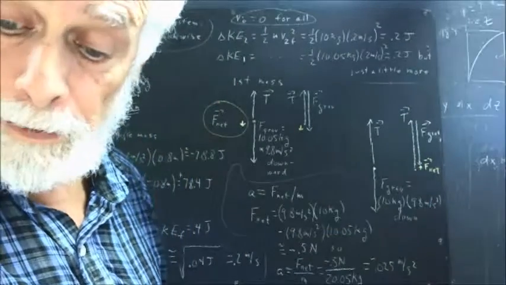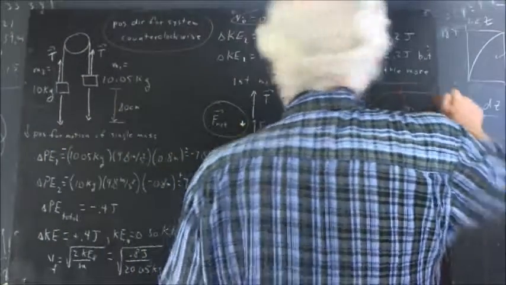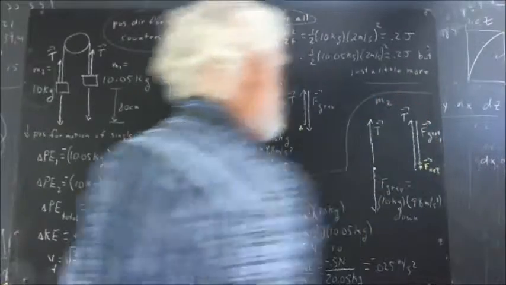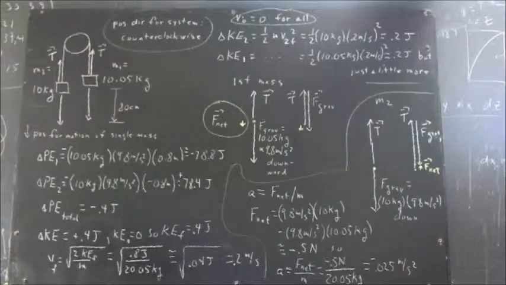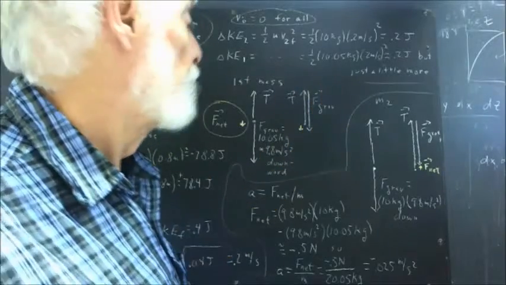For the other mass, it's a 10 kilogram mass. It's a lesser mass. This is the first mass. This is the second mass. This is what happens to M2. Now, M2 is actually accelerated upward, isn't it? So that means that the net force has got to be upward.